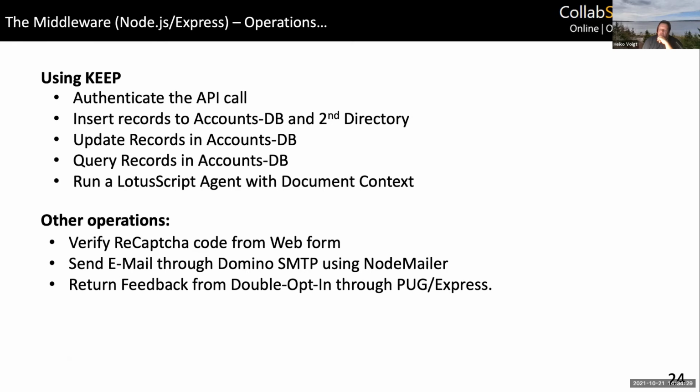We're querying account records in the accounts database, and we run a script agent with document context inside of this application as well. We have some other operations as well, like verifying the reCAPTCHA from the web form. That's also done by the API, or by the middleware. Then the sending of the email, and also the feedback that we return from the double opt-in through Pug to Express. All that is handled in the middleware.